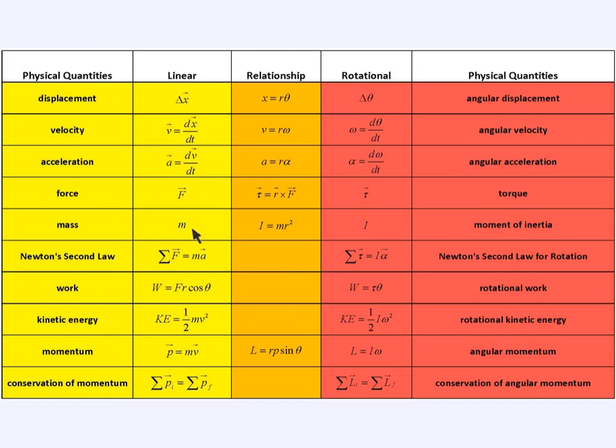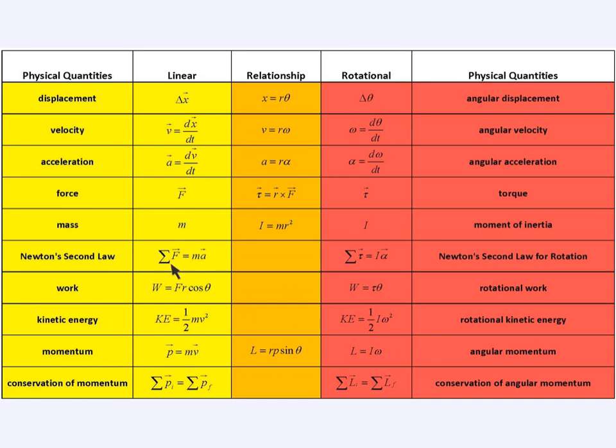Then another concept was that of mass, or inertia, and now we're looking at the moment of inertia, or I, and for a point mass, we know that I is mass times distance from where the mass is located to the axis of rotation, squared.